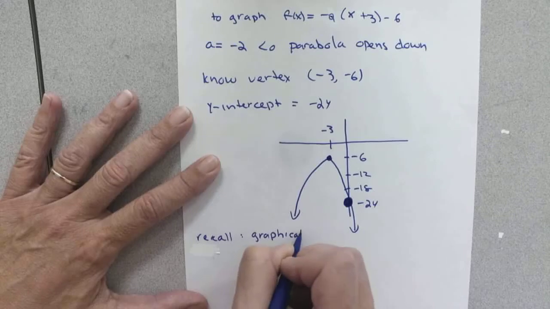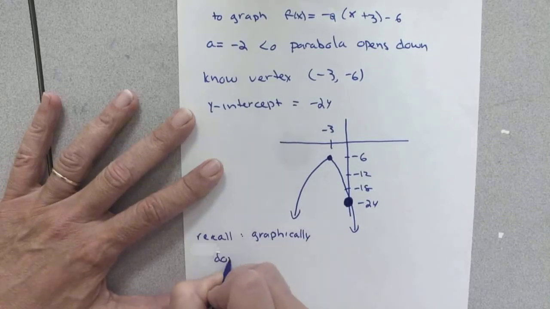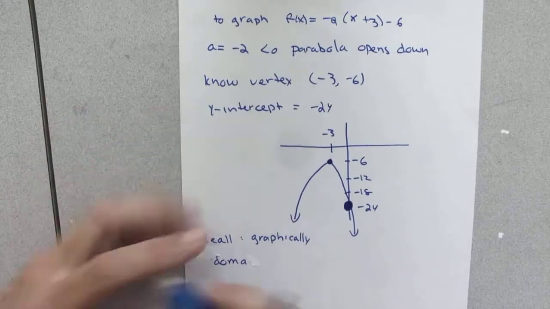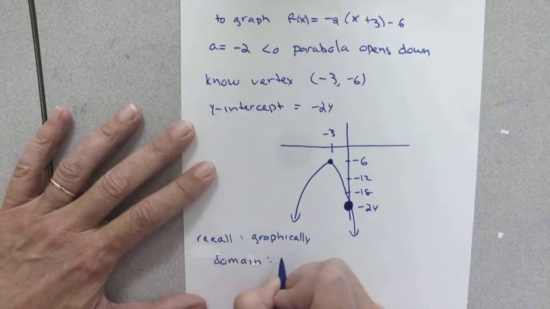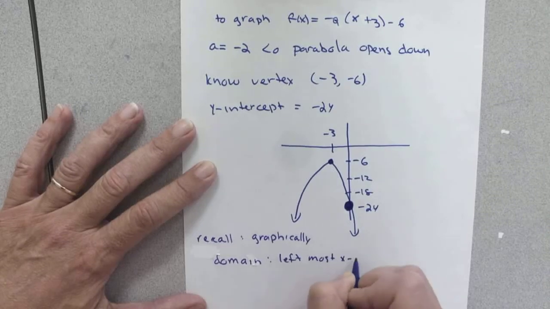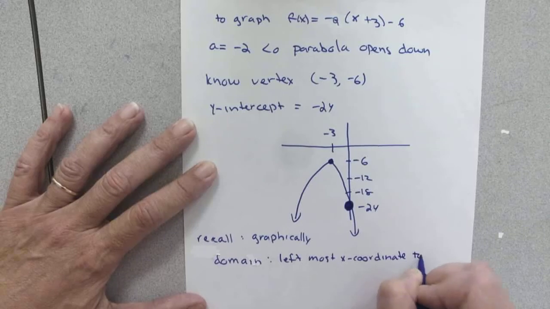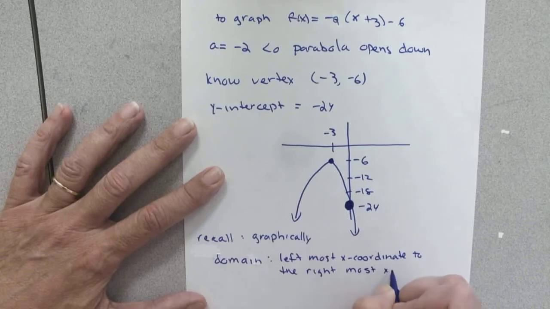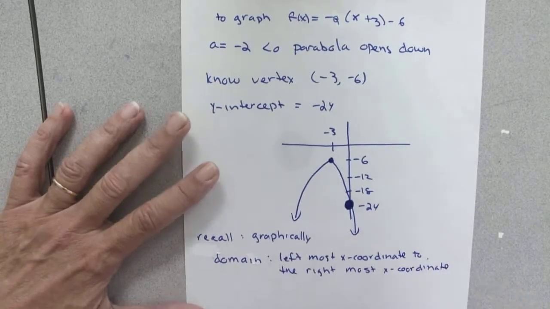Graphically, the domain was the leftmost x-coordinate to the rightmost x-coordinate.